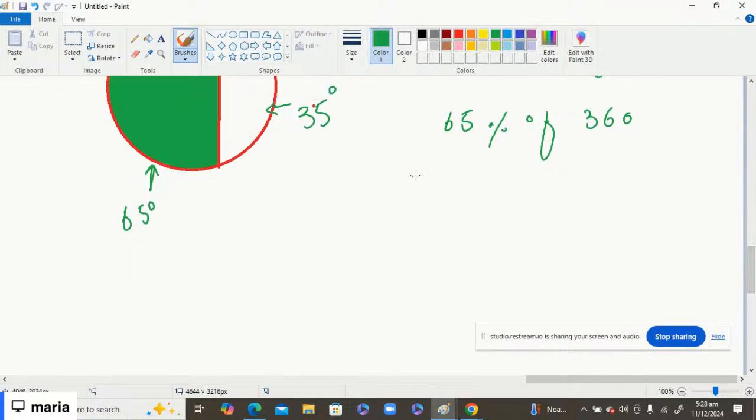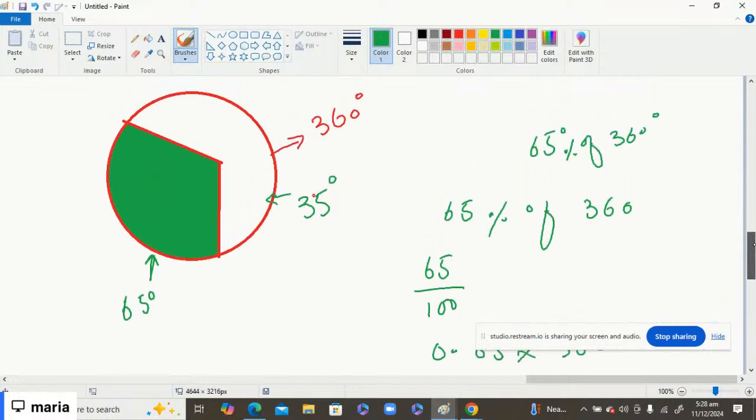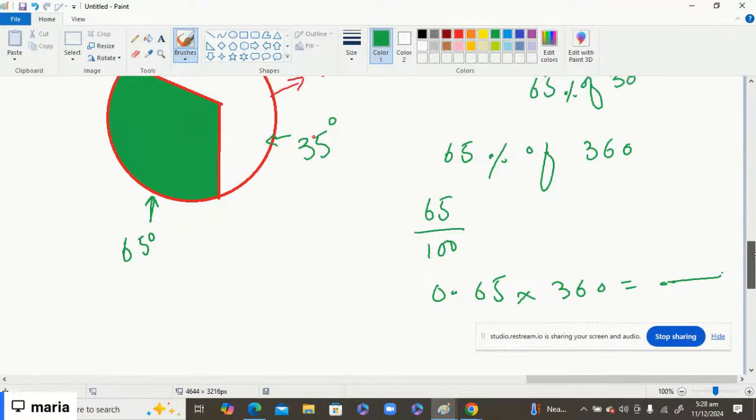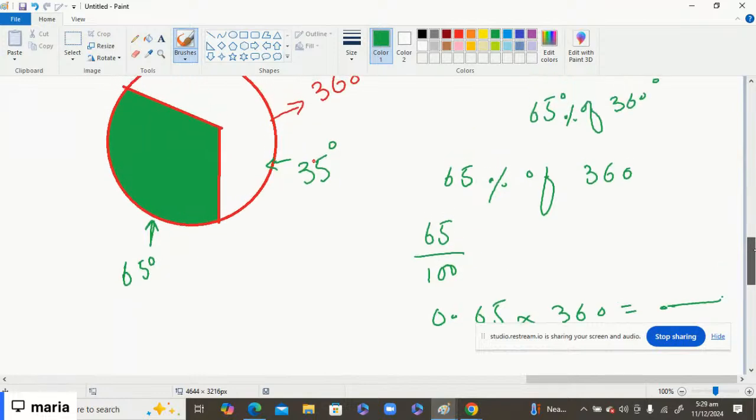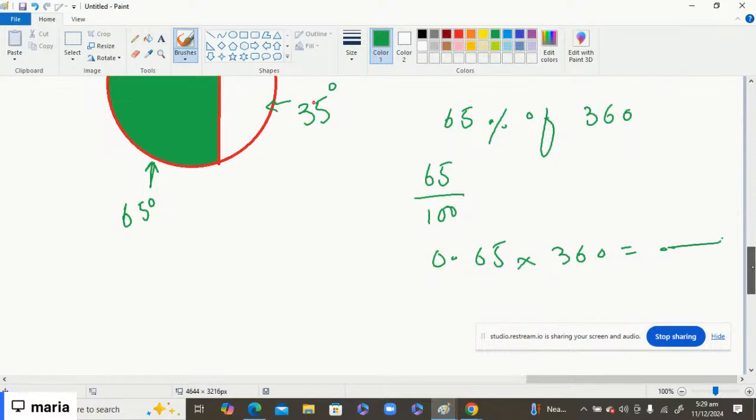So first, 65 divided by 100 is 0.65. Then multiply by 360, and then you get your answer. This is the way that you get the answer: 65% divided by 100, then multiply by 360.